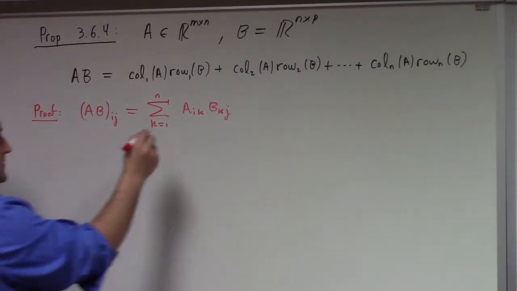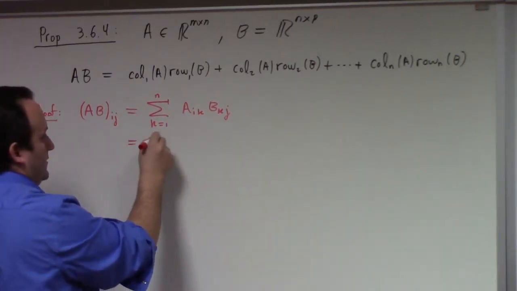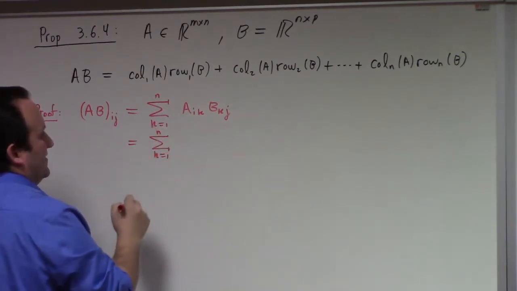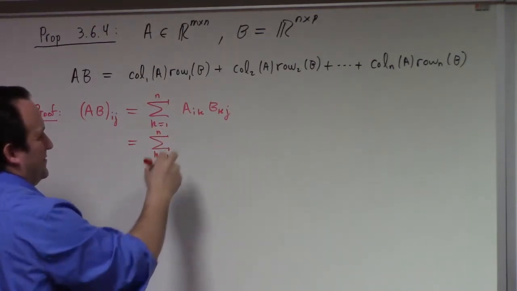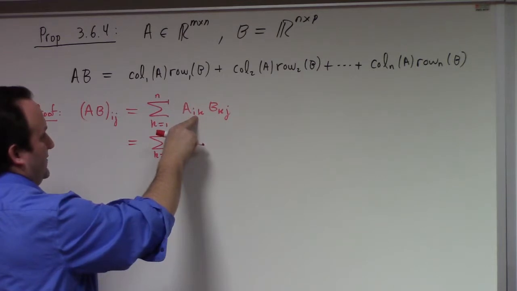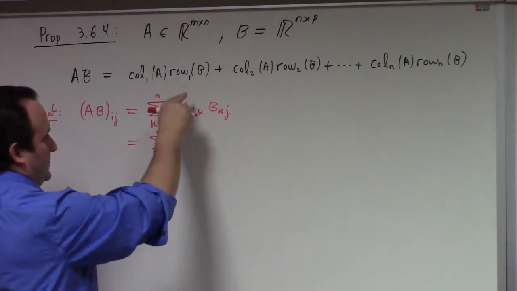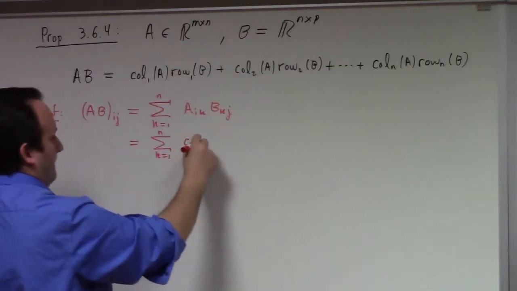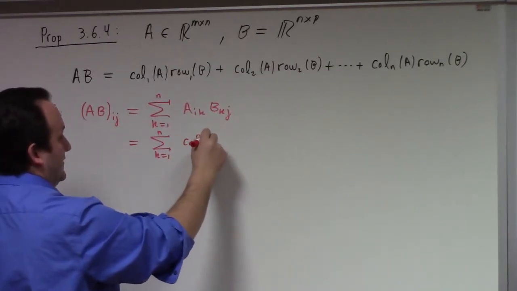It's the sum, k equals 1 to n, and i is free to range from 1 to m. So this is really the ith column of A.